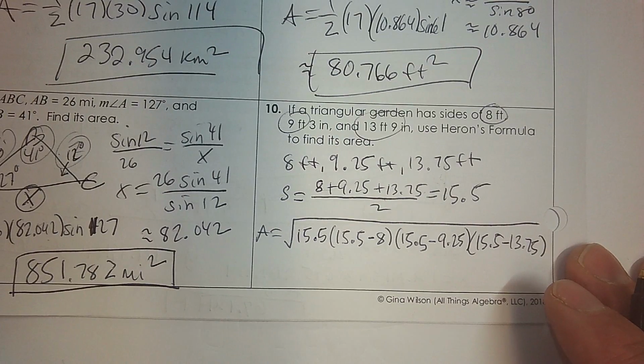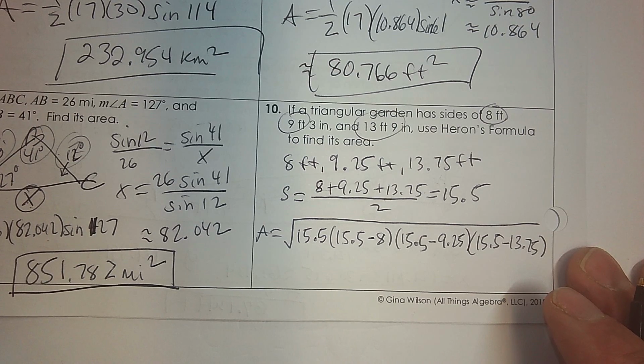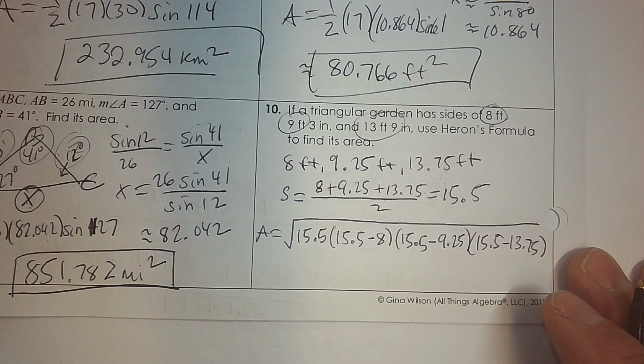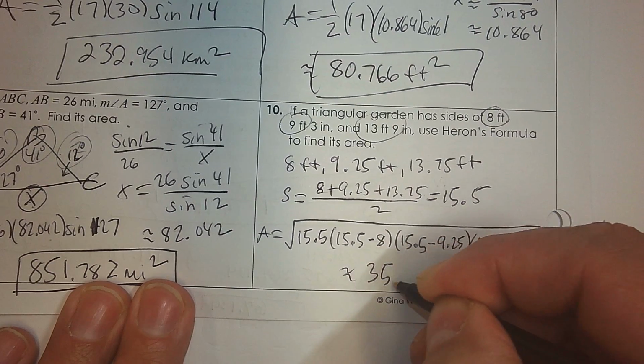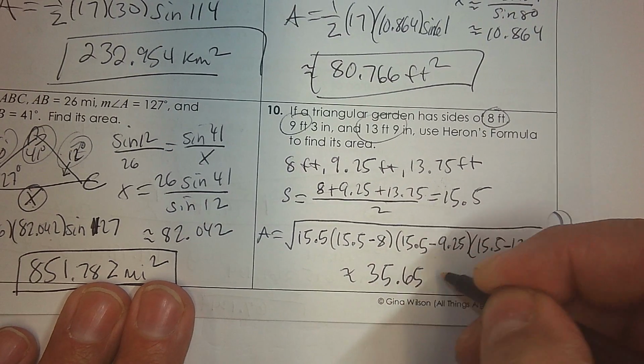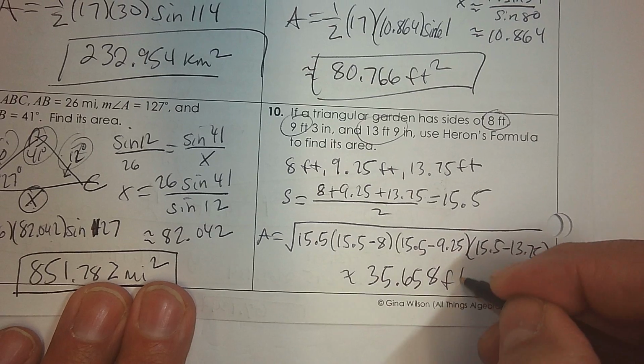So square root 15.5 parentheses 15.5 take away 8, 15.5 take away 9.25, 15.5 take away 13.75, then close it twice, and then get your answer. So it's about 35.658 feet squared.